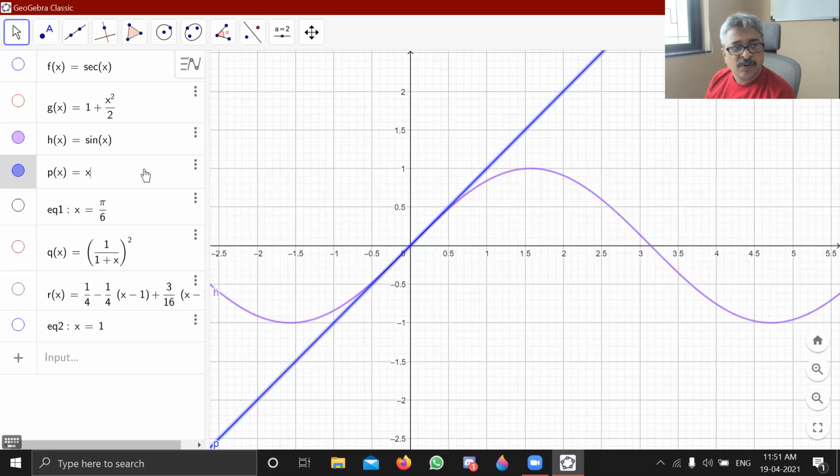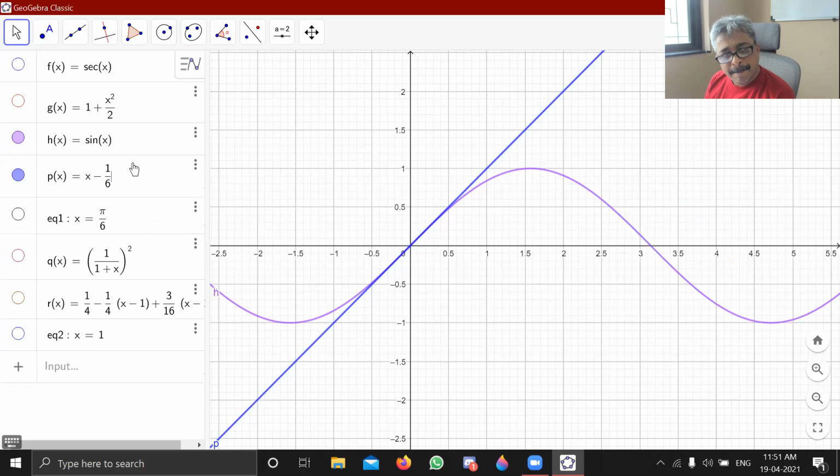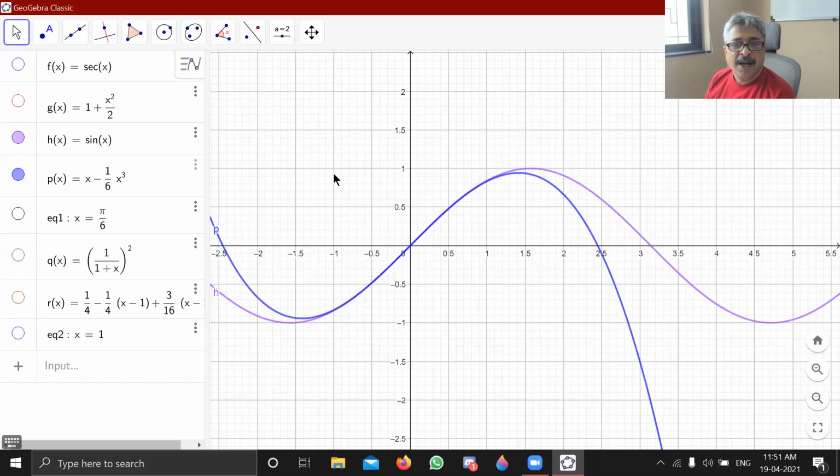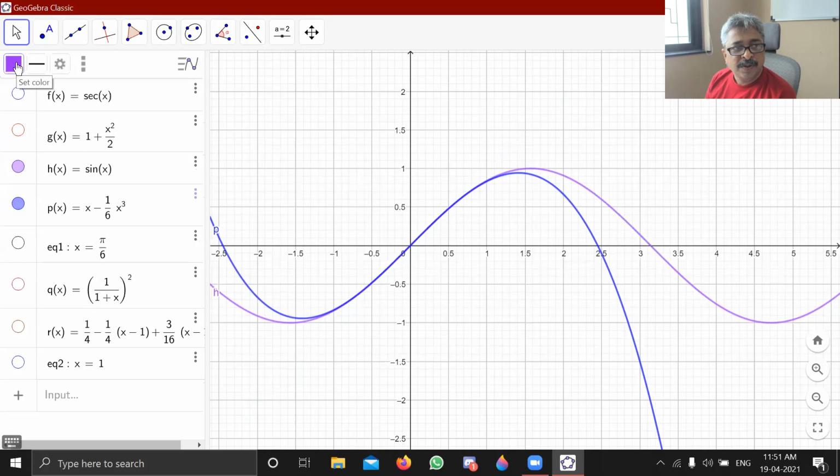No, check the third derivative. What is the third derivative? So the moment you have the cubic approximation, you put sin x is x minus 1 by 6 x cube.